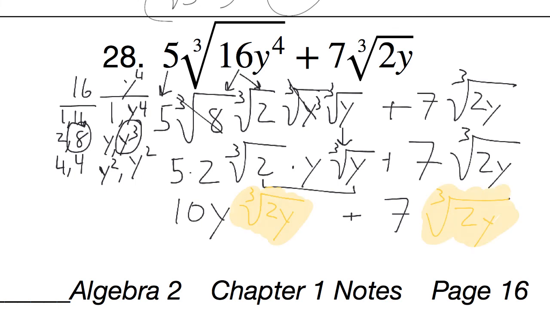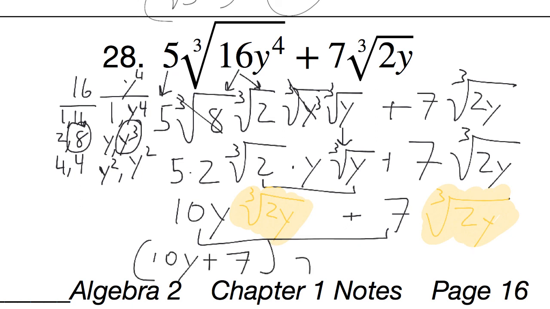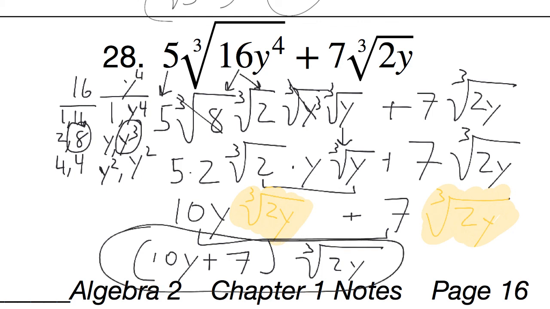The like terms are here. We've got 10y of these and 7 more of them, so I'm going to use grouping to factor them out and say that you got 10y plus 7 times the cube root of 2y, and this is the simplified answer you'll find in the back of the book.